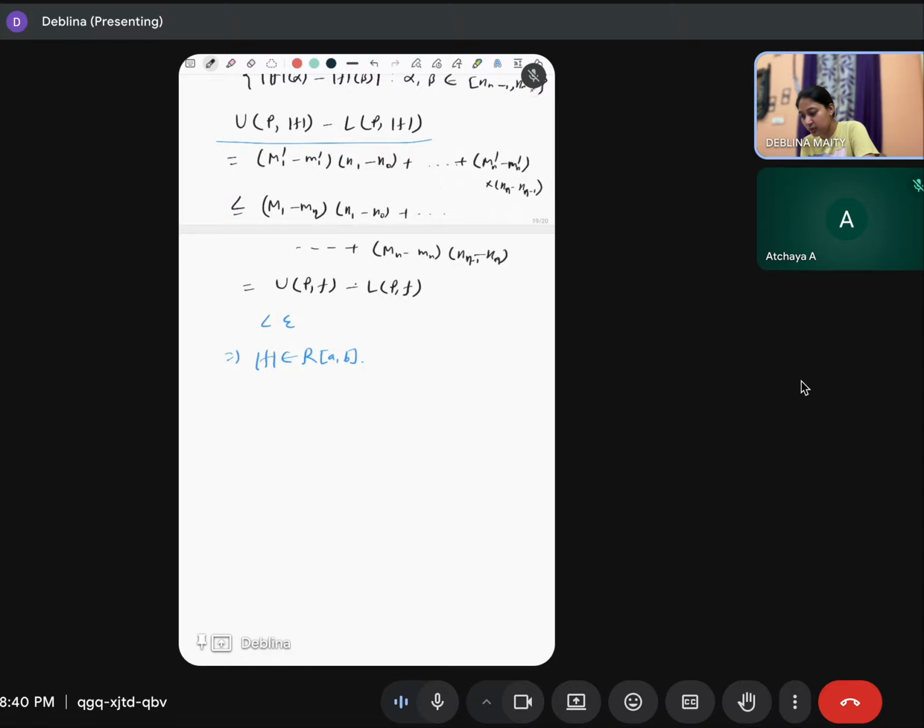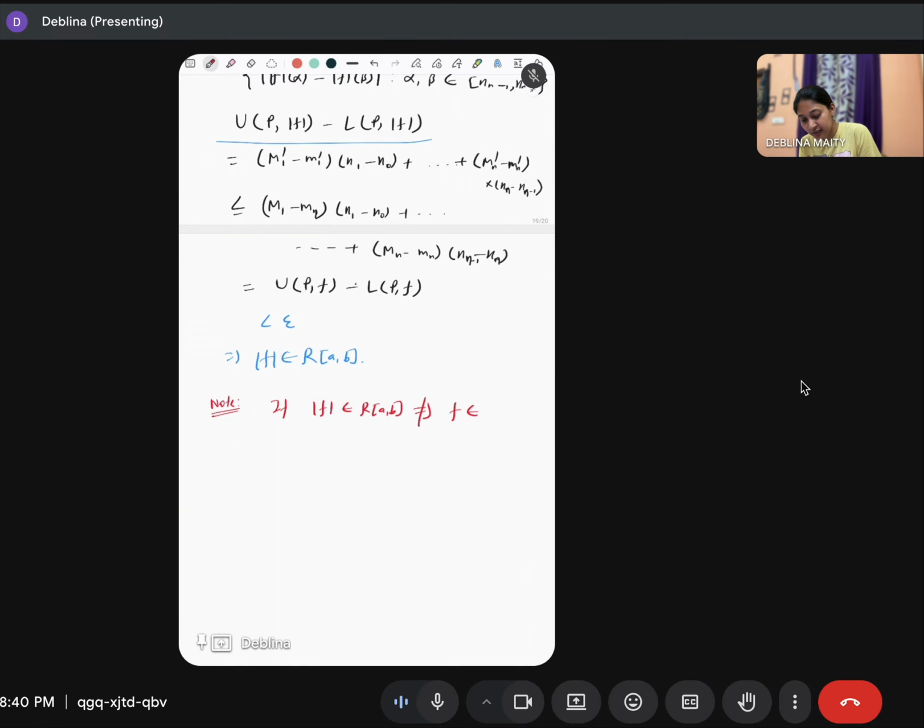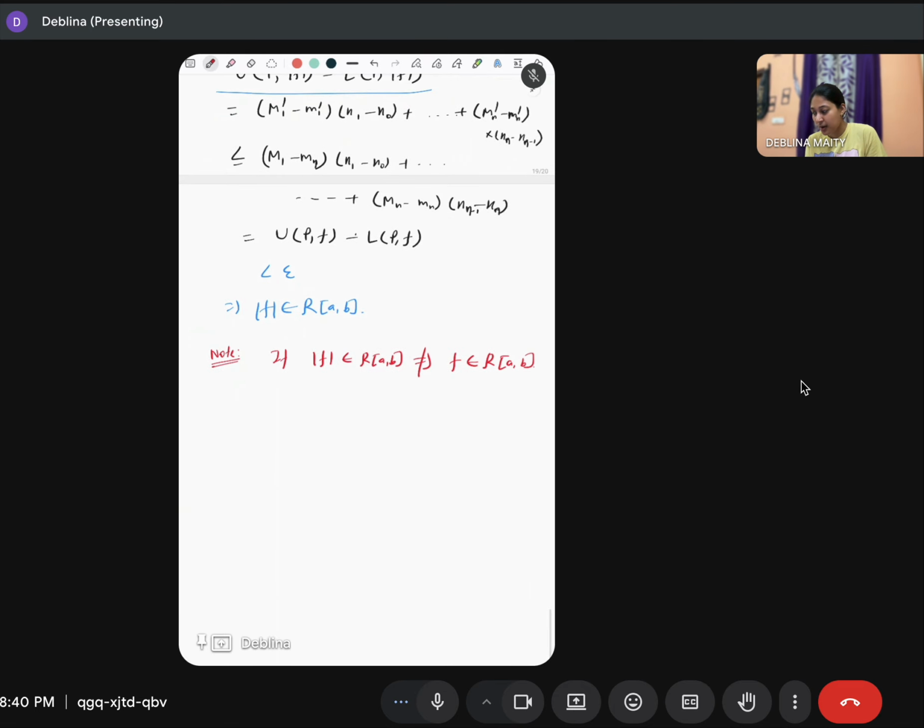So note that if mod f is Riemann integrable, it does not imply f is Riemann integrable. So you have to give an example.